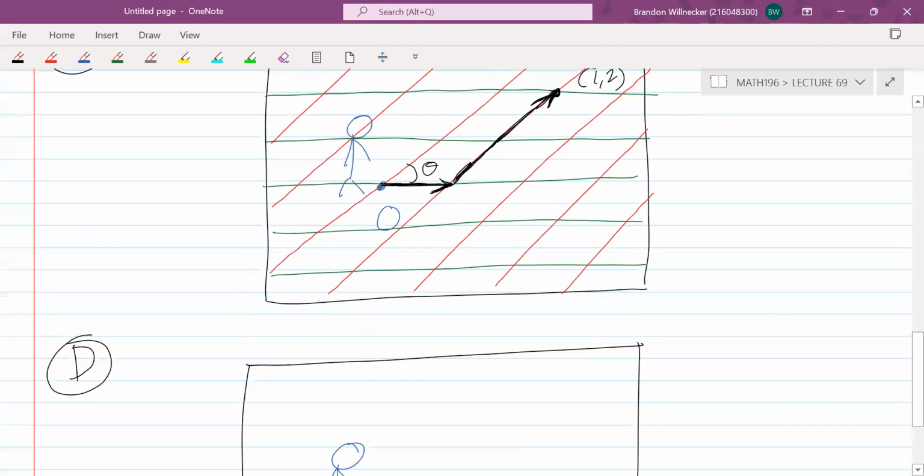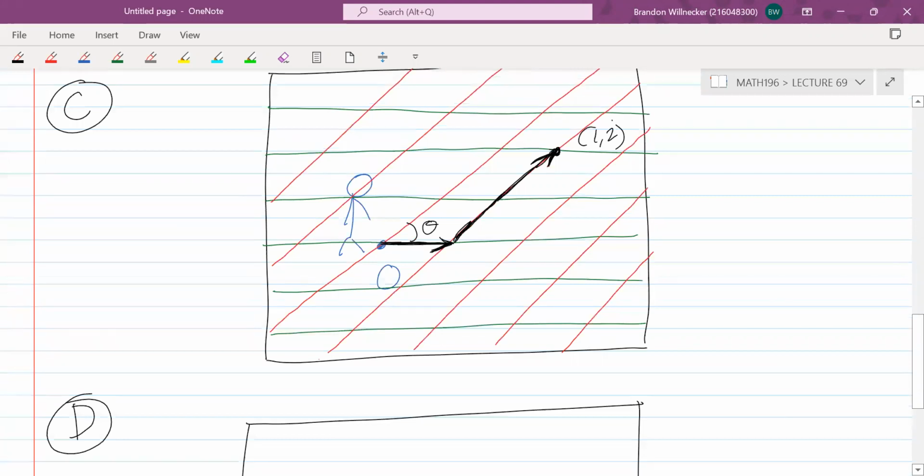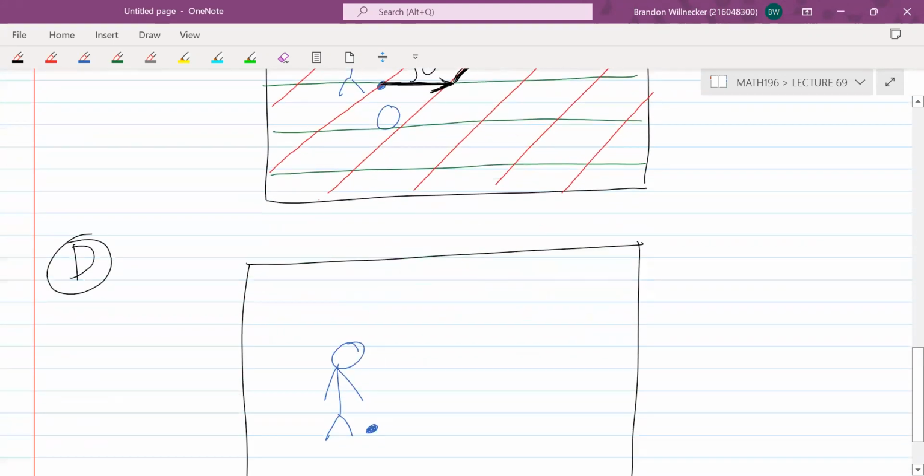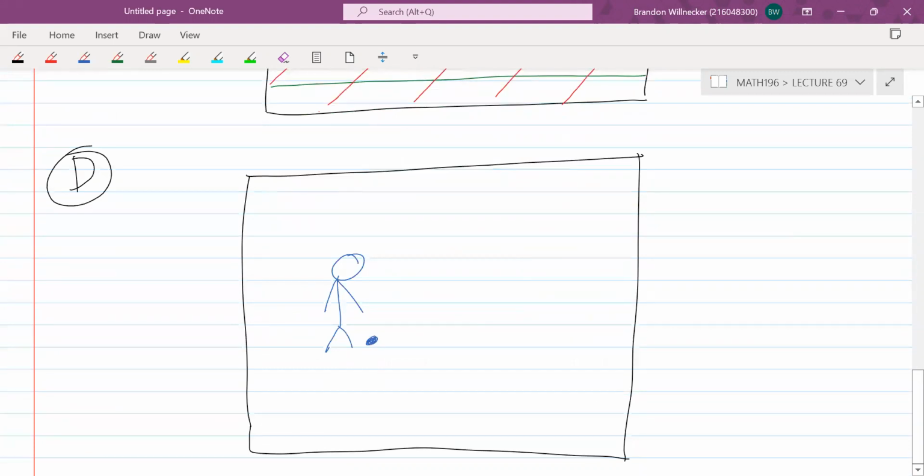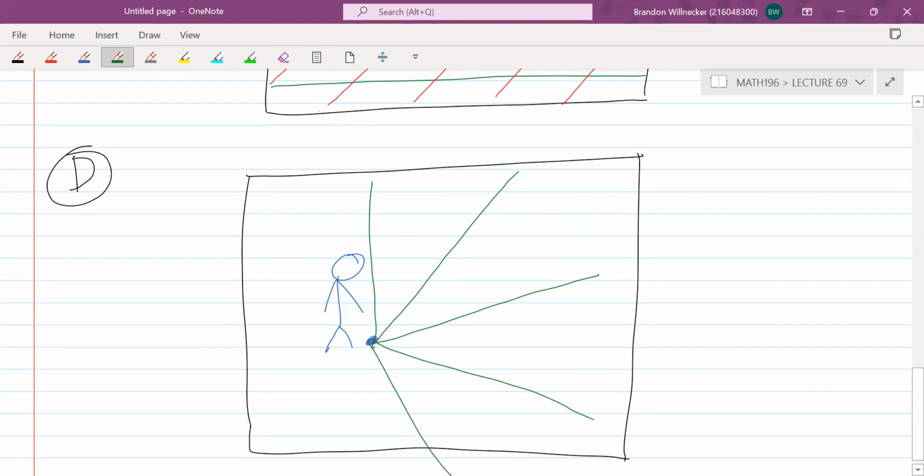But now I'm not going to draw slanted lines or vertical lines or horizontal lines. I'm going to draw, first of all, radial lines. So from where I'm standing, I'm going to draw lines going out in all directions. So a line going up here, going out there, out there, out there, like so. But imagine infinitely many lines, and I'm just drawing a few to get the idea across.